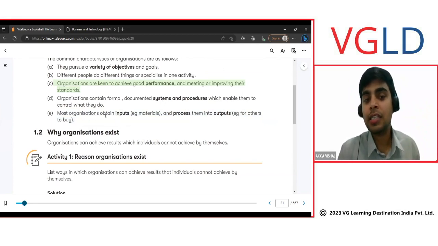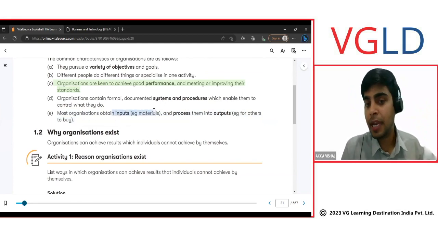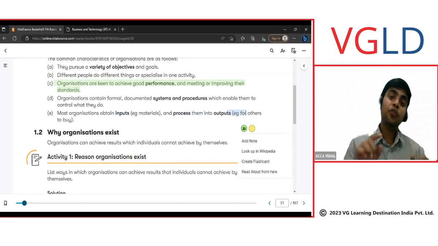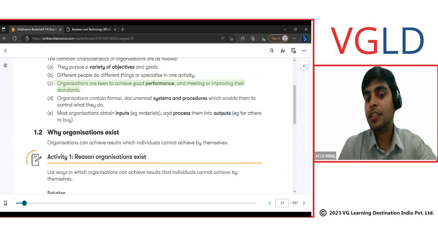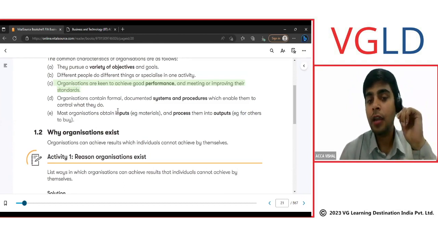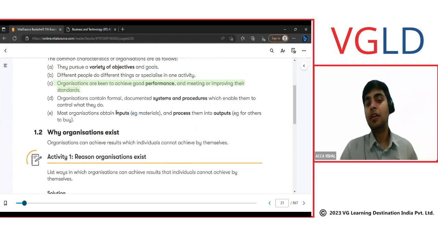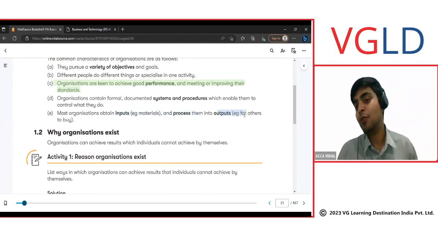So this is what it says, that an organization obtains input, processes it, and then produces output. But this is similarly true for the service industry as well, what we are doing right now. We'll be covering service versus manufacturing later on. But in the service industry, input and processing happen at the same time, even the output itself.